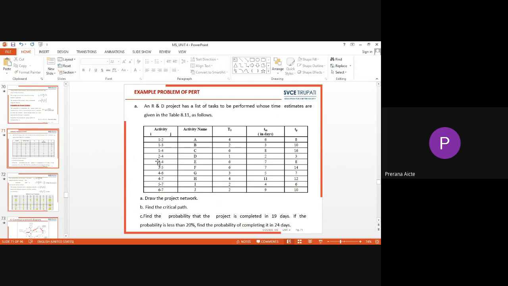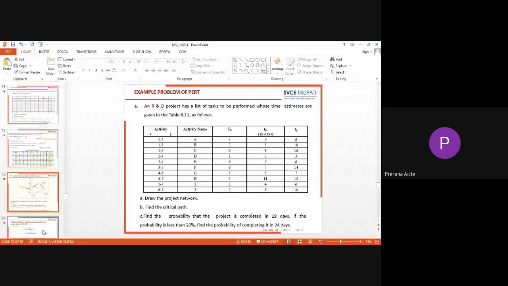First of all, let's represent node 1. Node 1 is represented with a circle, which is an event, and simultaneously the three activities can be represented in the following manner. Let us see the network diagram.